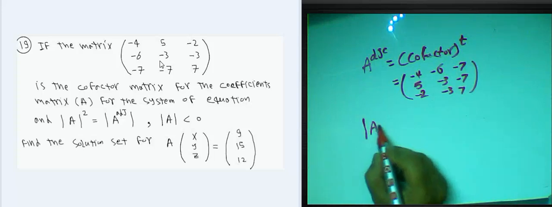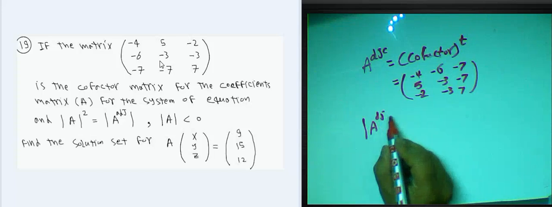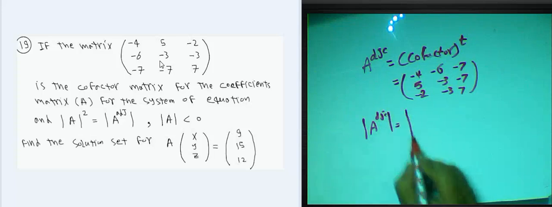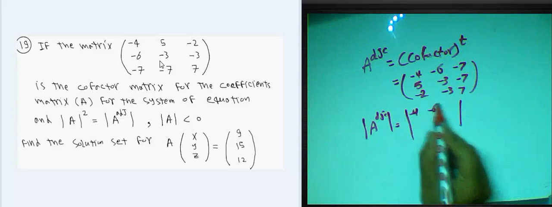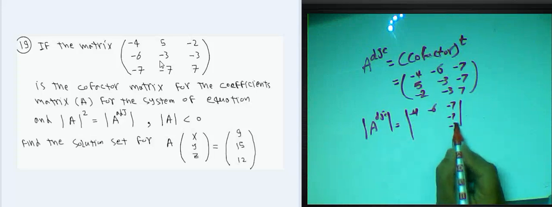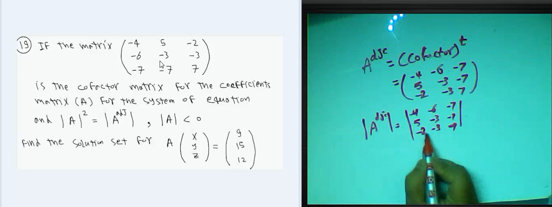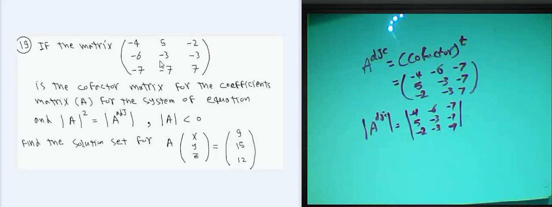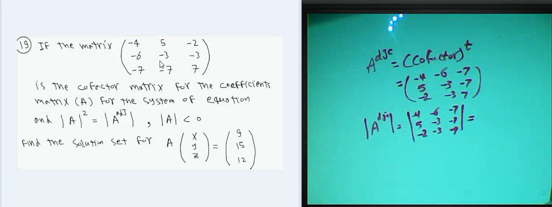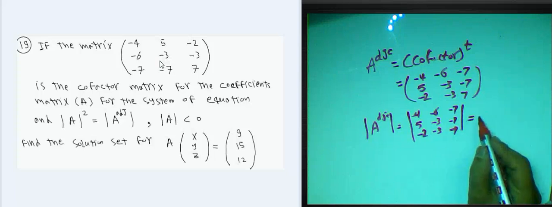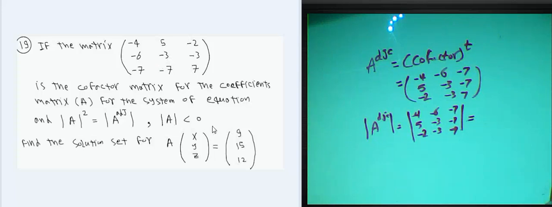And we can find the determinant of A adjoint here. The determinant will be built from -4, -6, -7, and so on. We can find the result in the simplest form for this determinant. The result will be negative or positive? We can find here the absolute value less than 0.